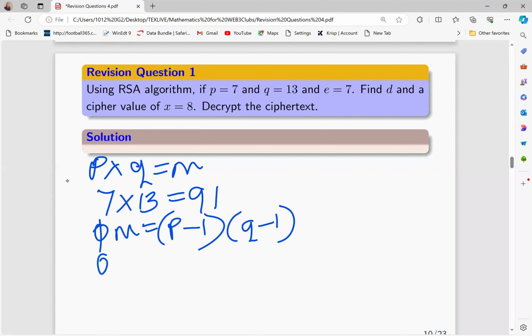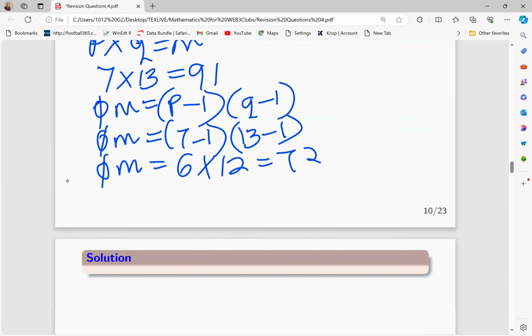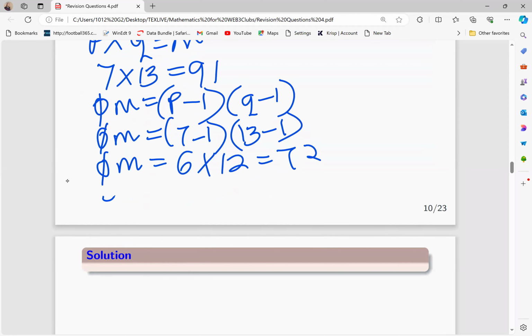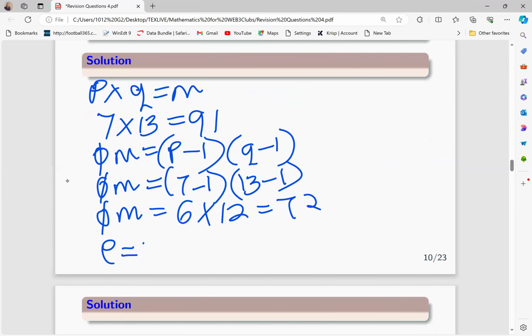So phi of M is 7 minus 1 multiplied by 13 minus 1, which is 6 times 12, that's 72. And then we choose a number E, and we have E equal to 7.